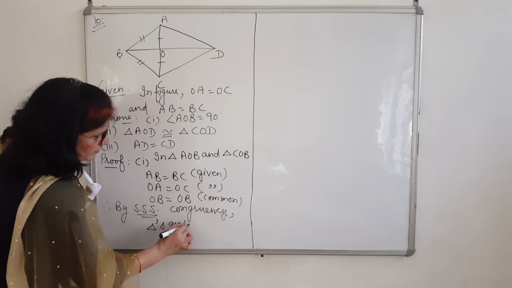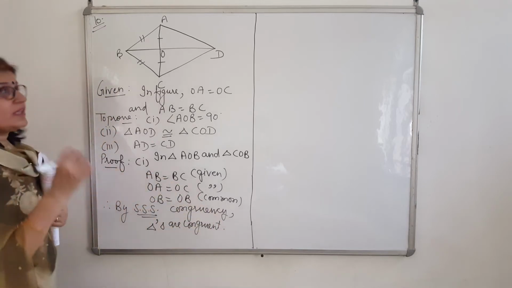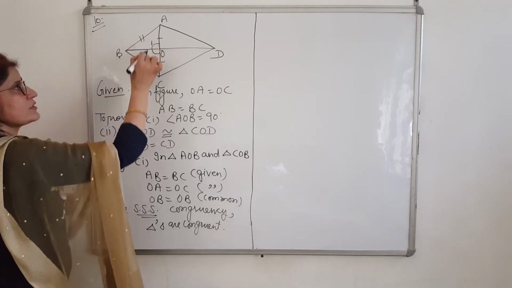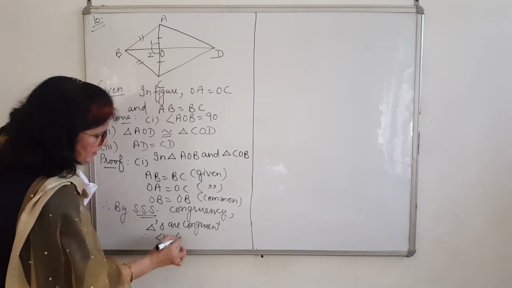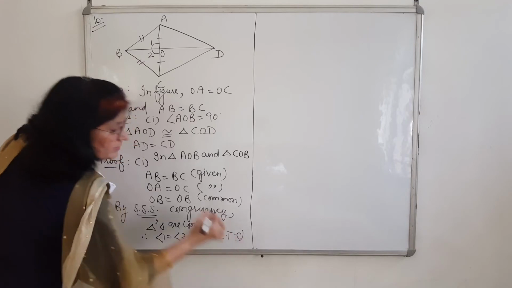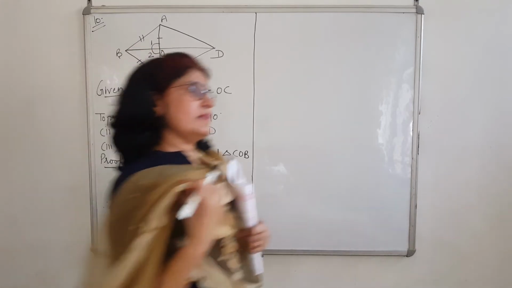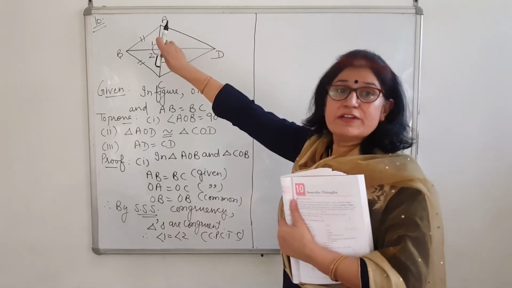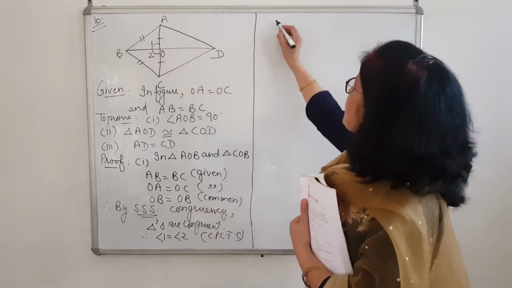triangles are congruent. If triangles are congruent, then by CPCTC, angles will be equal. So angle 1 equals angle 2 by CPCTC. But sum of these two angles is 180. Why? They are making a pair of angles of linear, means they are supplementary angles or straight line angles.